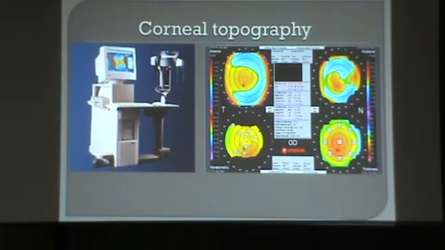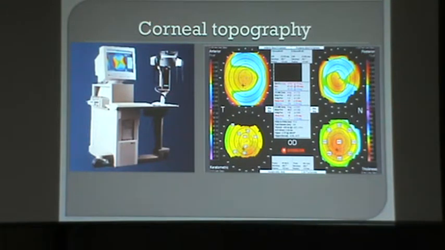Here, if you see, this gives the total map of the cornea, where you can measure the corneal refractive diopters in every point. So this is basically now used in fitting the contact lenses, fitting the ICLs, and calculating the intraocular lens power. And the most important use nowadays, apart from diagnosis of keratoconus, is LASIK.